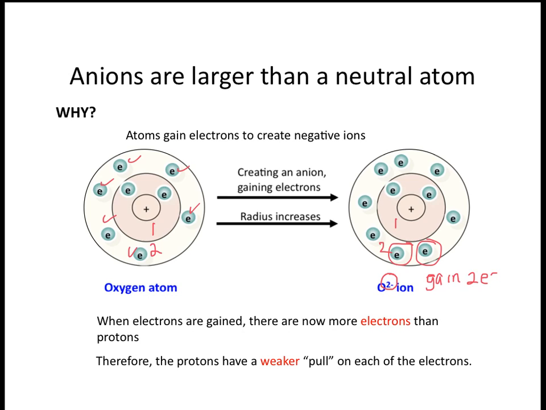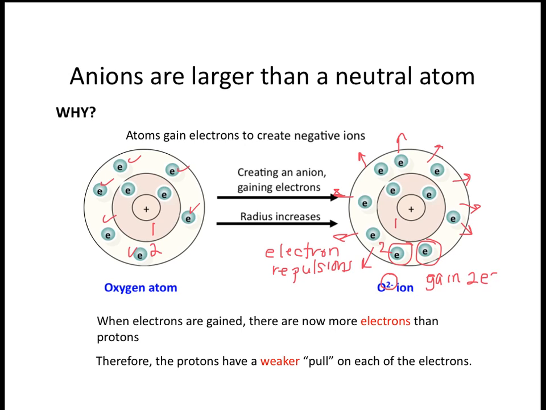So we haven't changed energy levels, but what we did change was the power of the electron. Because there are more electrons in the second energy level, there are more electron-electron repulsions. And because of that, they're going to push away from each other a little bit, and they're going to make the ion a little bit larger than it would be in neutral form.